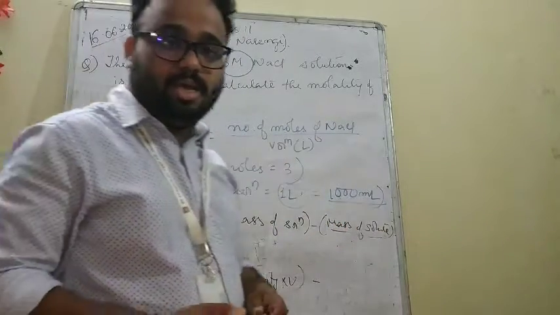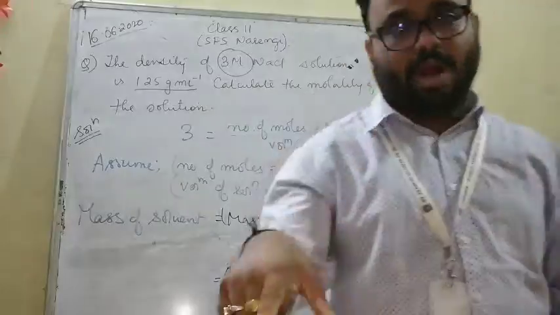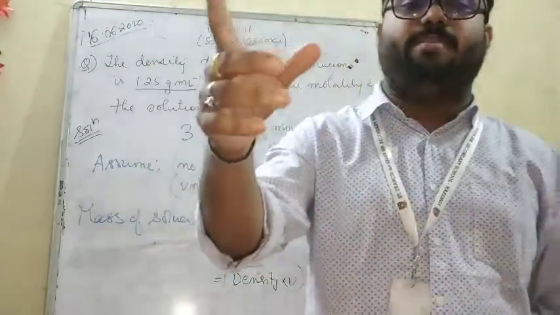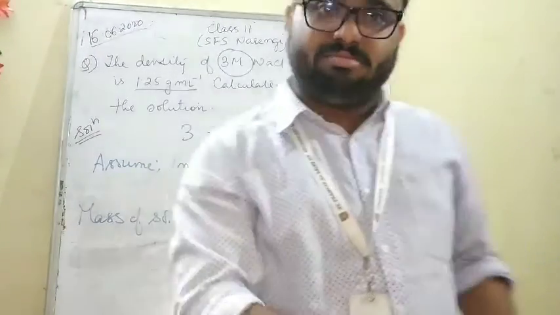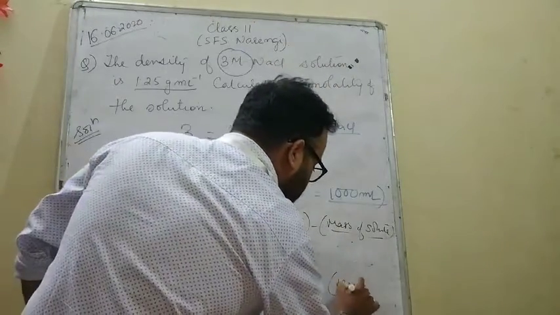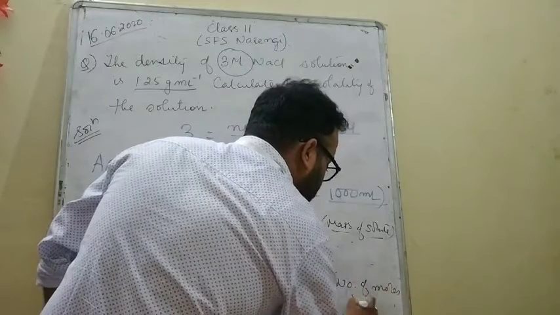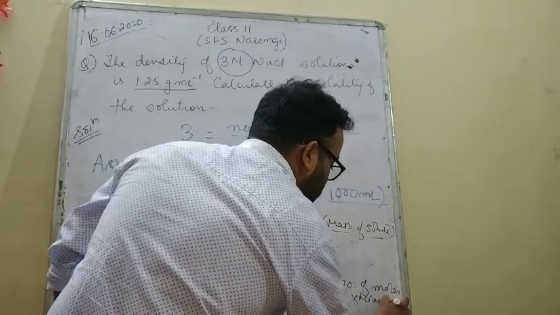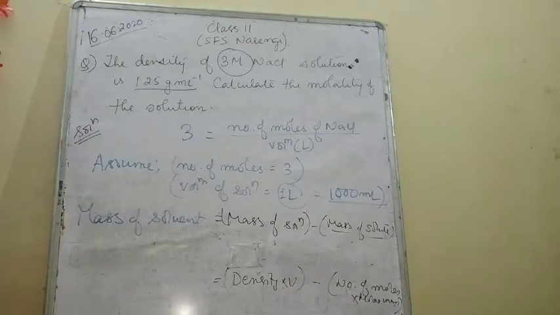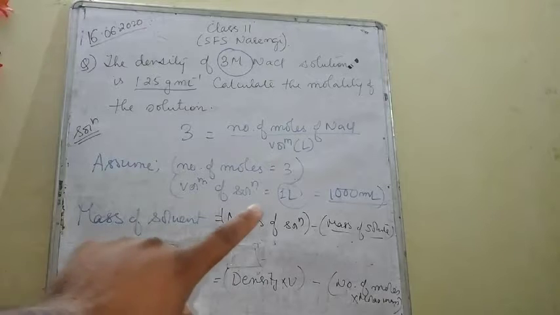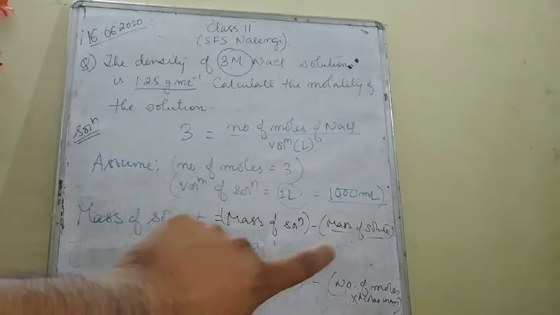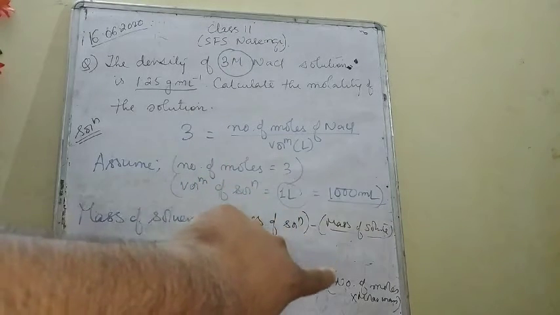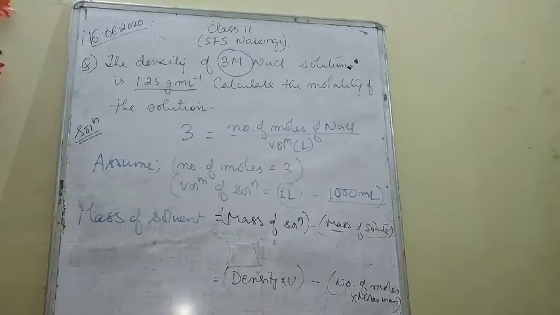Solute here is NaCl. Number of moles is given mass by molar mass, so given mass will be number of moles into molar mass. In this way I can take out the mass of the solvent: density into volume minus number of moles into molar mass.